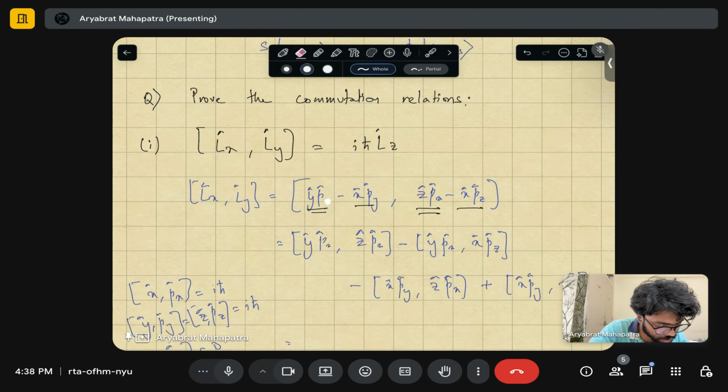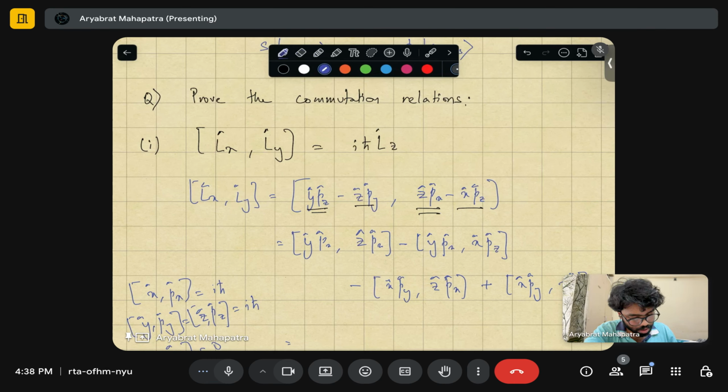This is not x, this is basically z. This is y pz and z py. So I think I have to change here also.